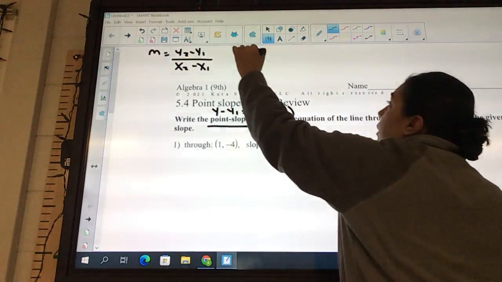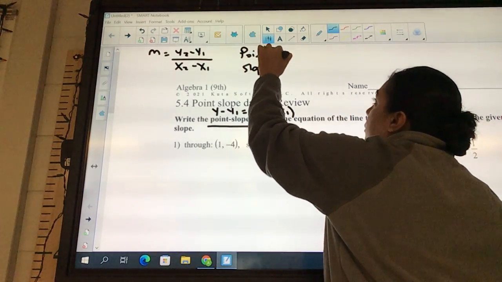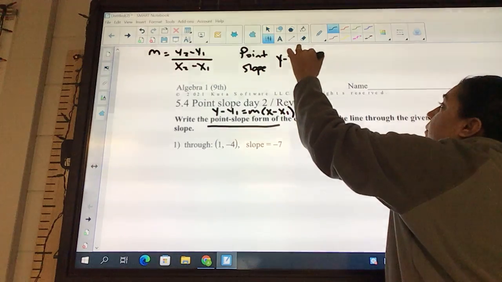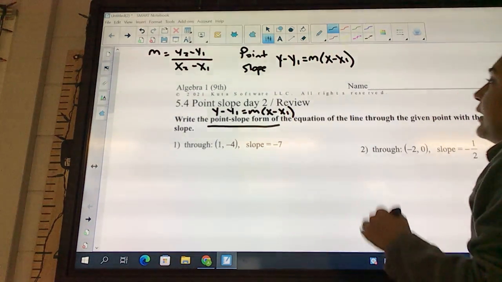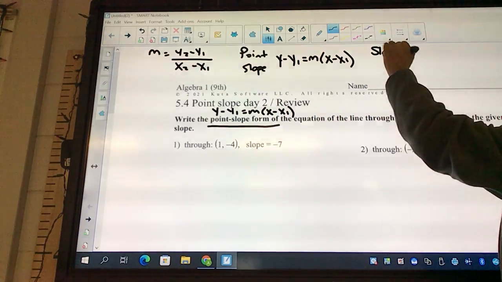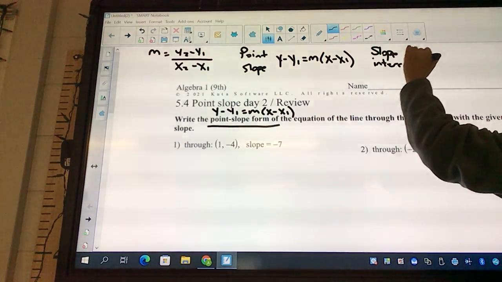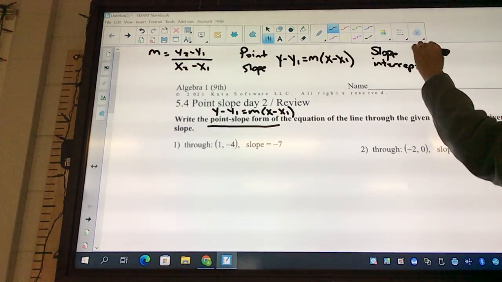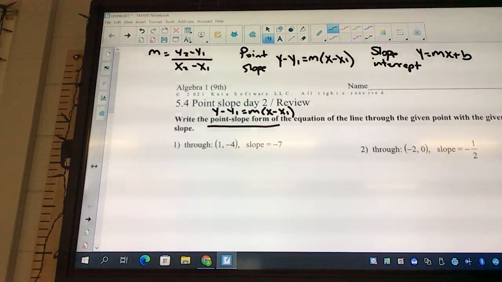Then we're given point slope, and these should all be on the board unless somebody erased them. And then we have slope intercept: y equals mx plus b.